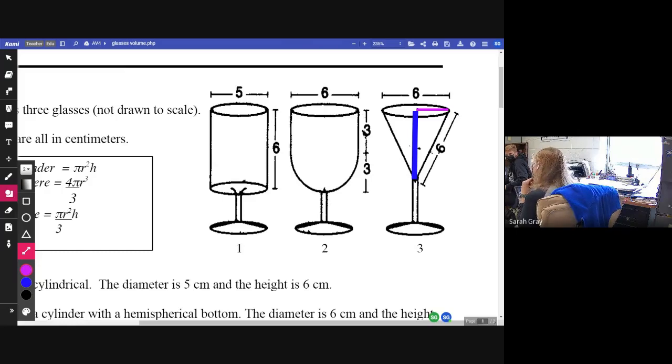Are we finding the volume with the sphere? Okay, half of the sphere, by half of the total volume. Okay, just the sphere part, and then I have the cylinder volume, and that equals the height there.